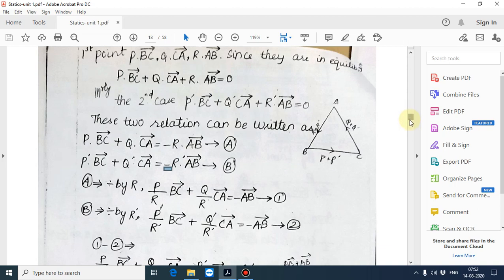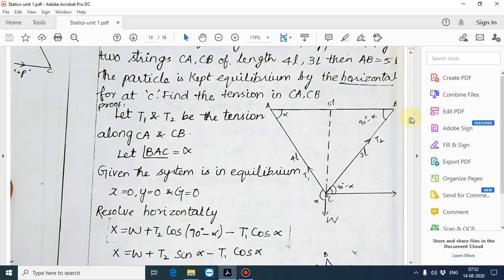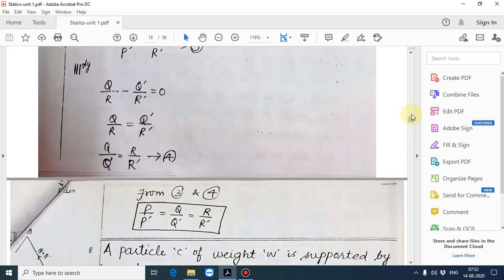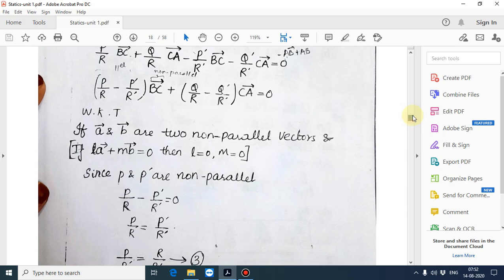If you subtract equation 2 from equation 1, you will get this equation. Then you separate: P by R minus P dash by R dash BC vector plus Q by R minus Q dash by R dash CA vector. Same points are there, no? BC, CA, you separate that.